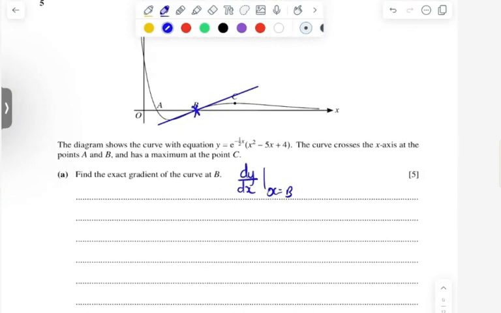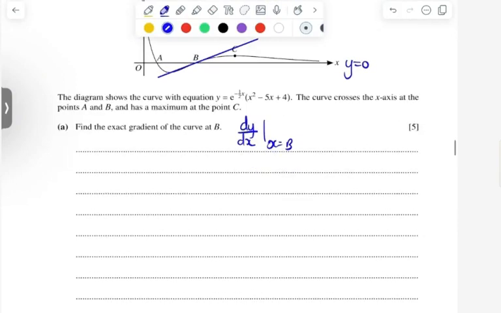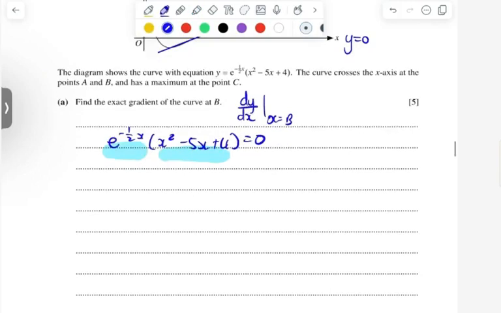In order to find B, B is an intercept, so it intercepts the x-axis, and so we know that is where y is equal to 0. Because I've got two factors, I know that each of them can be equal to 0.